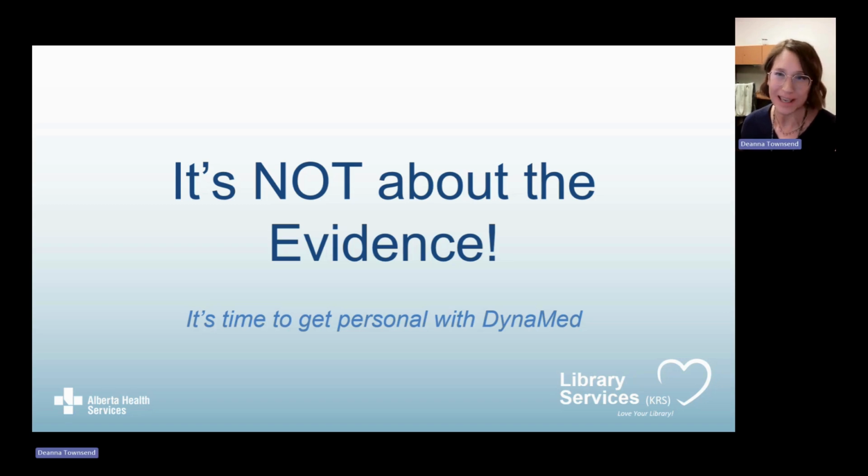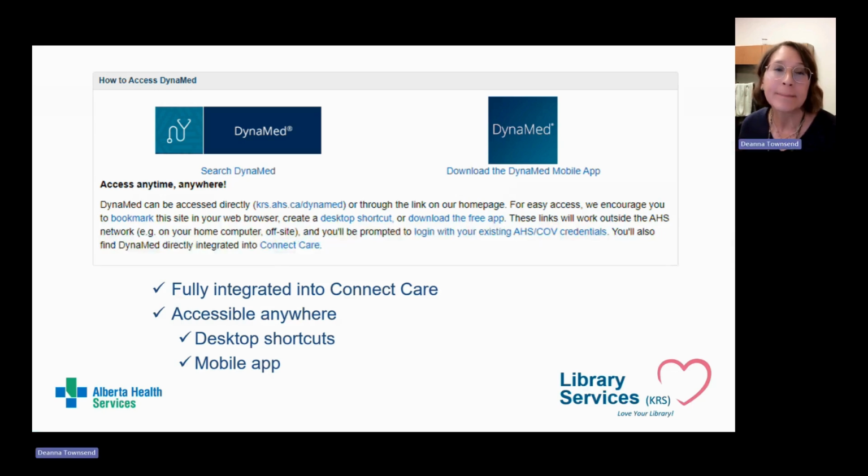And that's the part that we care about, right? Is the evidence and the information. So this is really an easy barrier to surmount. We can meet this. We can actually become familiar with this tool quite easily because it is really well integrated into AHS systems.